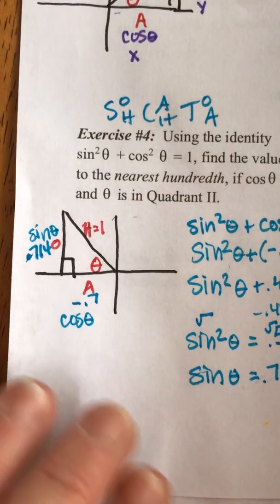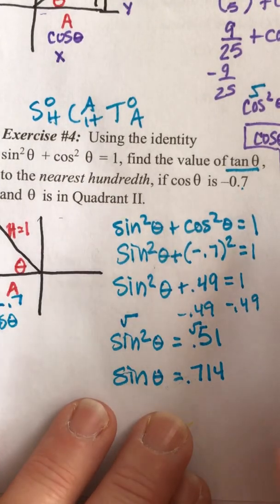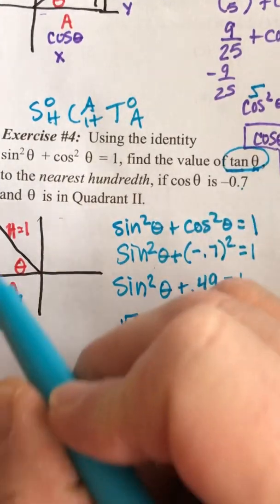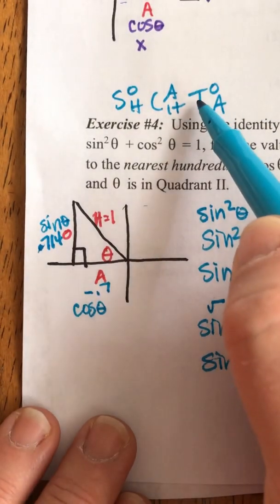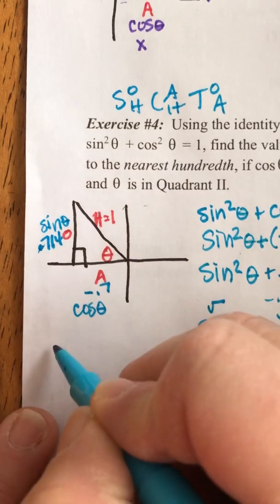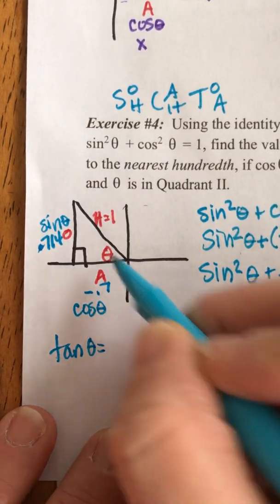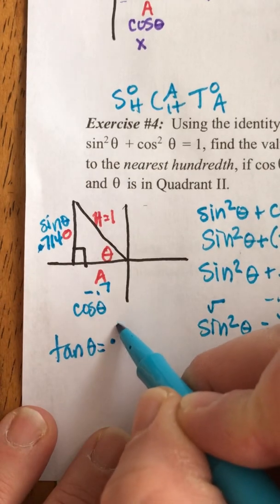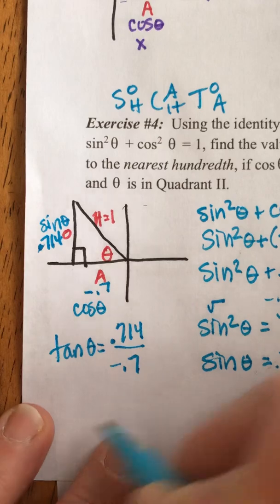All right. The last step was to find the tangent. I have the full triangle filled out, and now I should be able to find the tangent. Tangent is formed by O over A. So the tangent of our reference angle theta is O, 0.714, over A, negative 0.7.